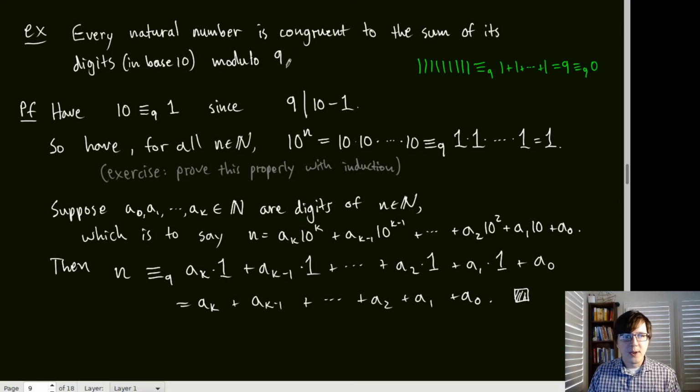Okay, so how do we prove this? The main observation is that 10 is congruent to 1 mod 9, because, of course, 9 divides 10 minus 1. 9 divides 9.